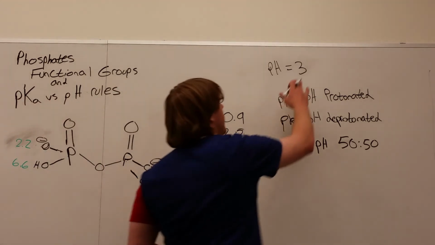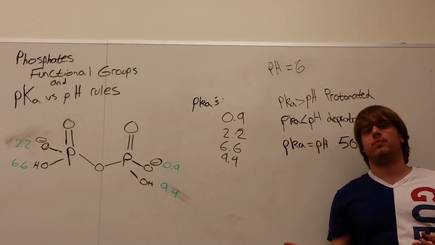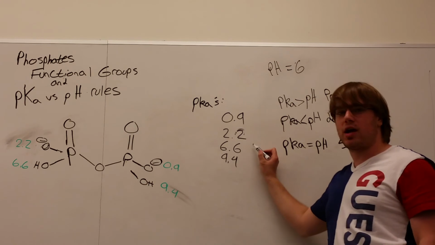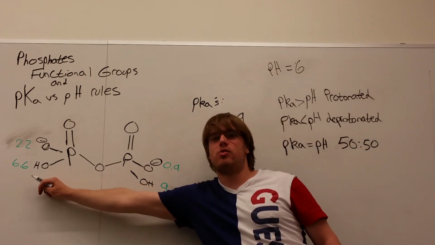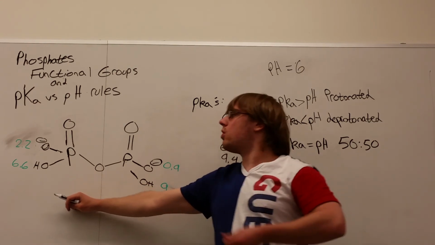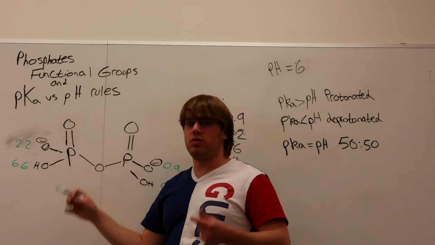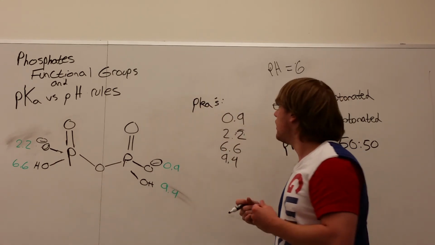Let's say we get it to about 6. Would we have any change to our structure? Not yet, because we still haven't crossed the threshold to the next highest pKa. So this OH, this 6.6 pKa OH, is still more basic than the solution. So it's going to keep its proton. A base is going to hold on to any proton it can.